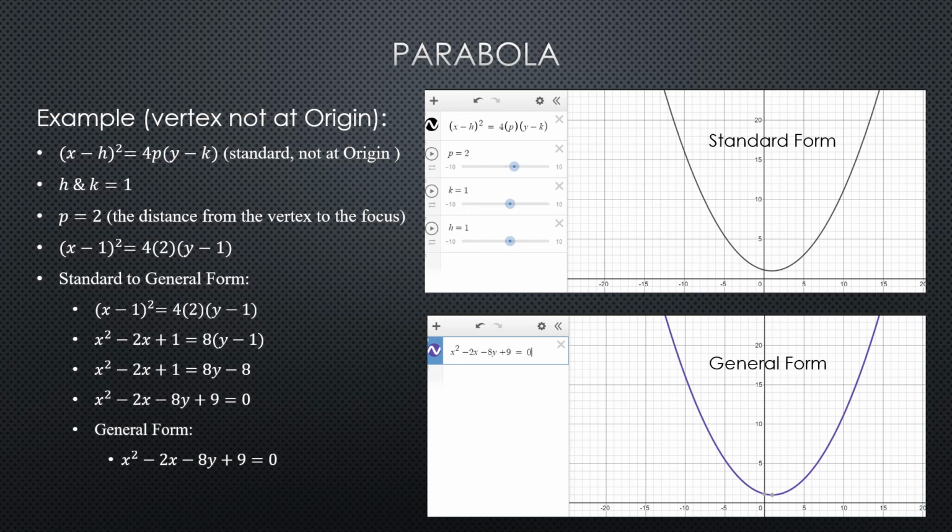And then if I do the math and multiply that all out and set it equal to 0, that is the general form. Mathematically they're the exact same thing, so I'm putting the general form also into Desmos, and you can see on the bottom parabola that formula produces the exact same parabola. So standard form versus general form.